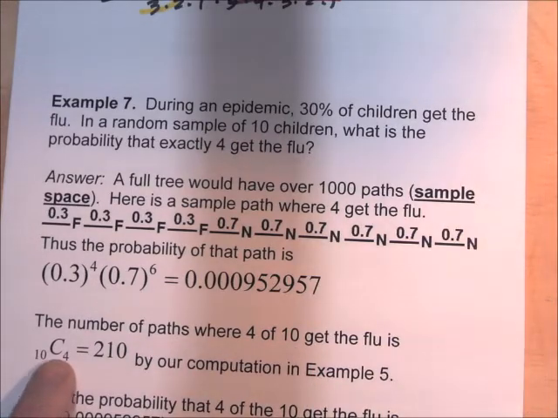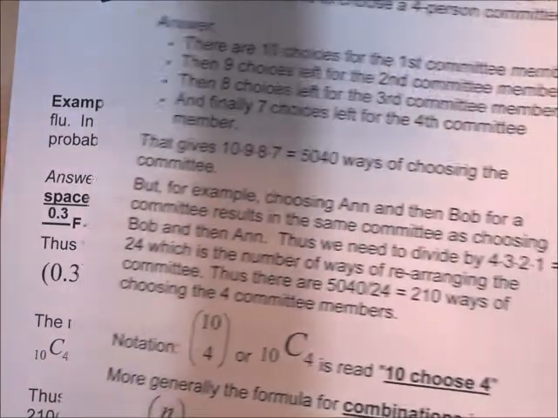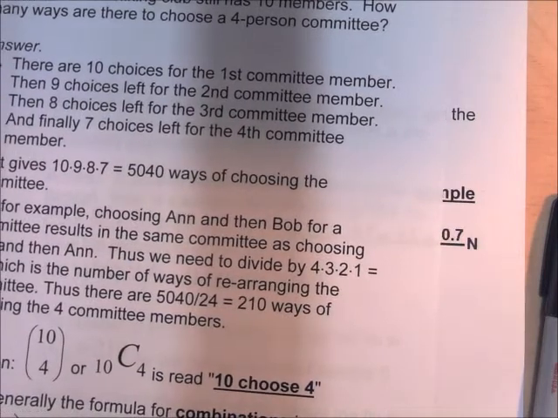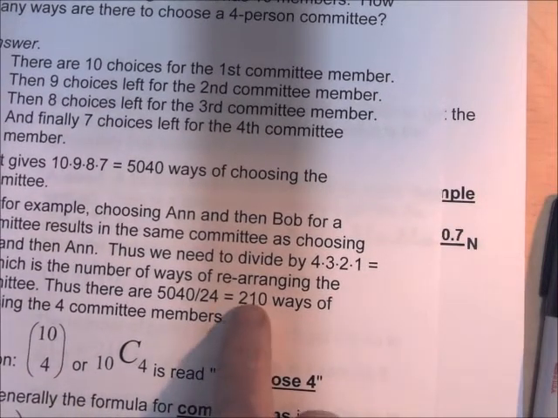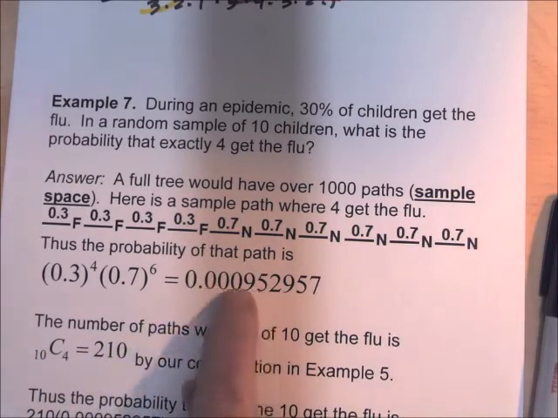That's going to be 10 choose 4, which we already computed back here. 10 choose 4 was 210. So it's going to be 210 times this path here.